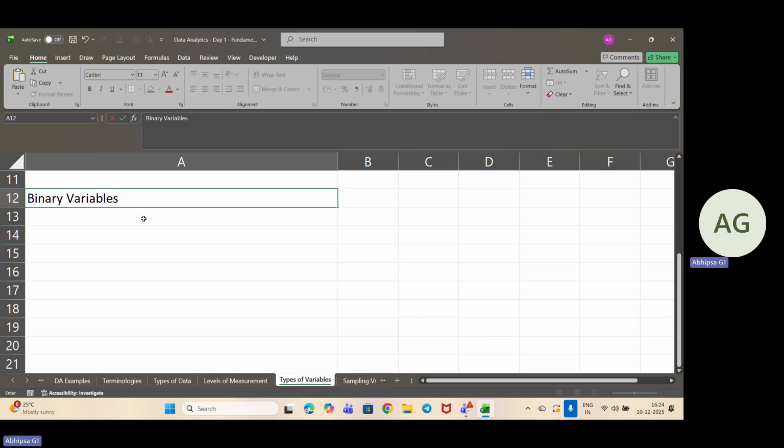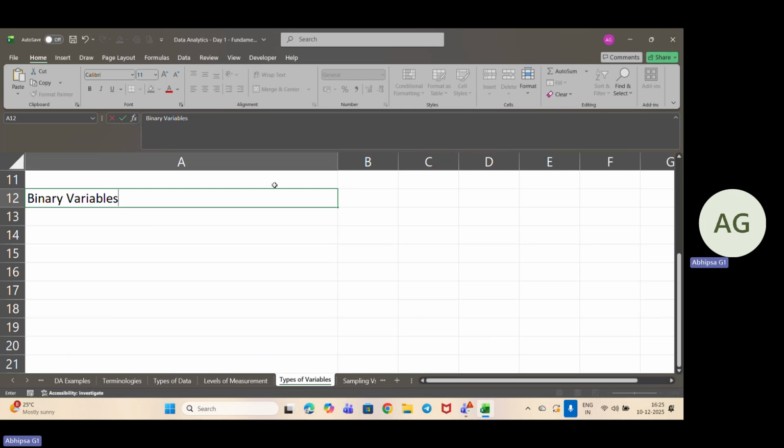Okay. Next is the qualitative versus quantitative variables. Qualitative is equal to quality. That is describing the categories. They are not the numbers. And quantitative is the numbers that we can measure.